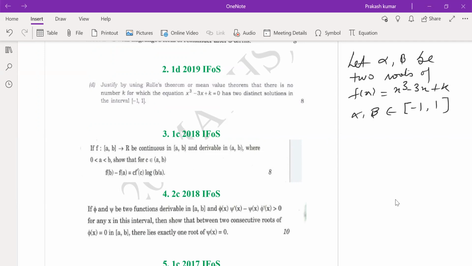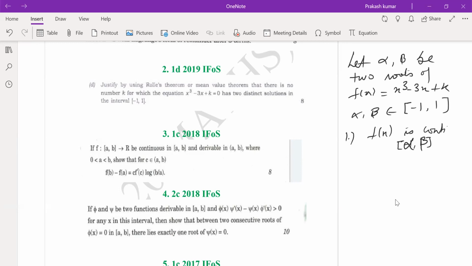First, f(x) is continuous on... don't take -1 to 1, take alpha to beta.